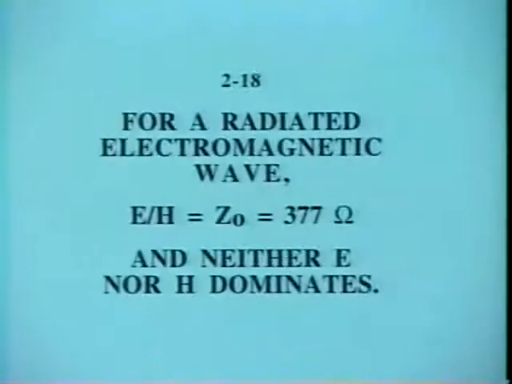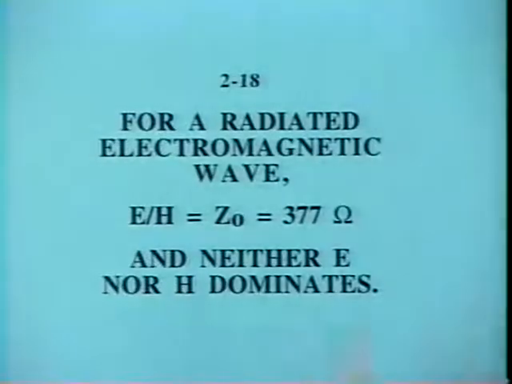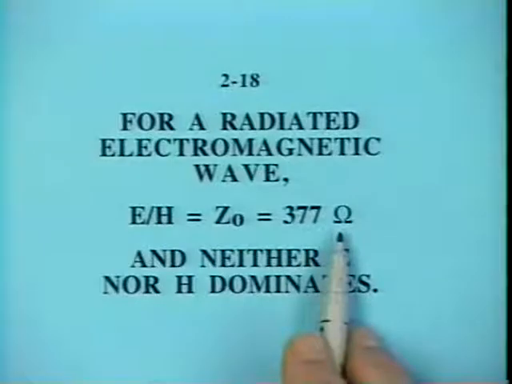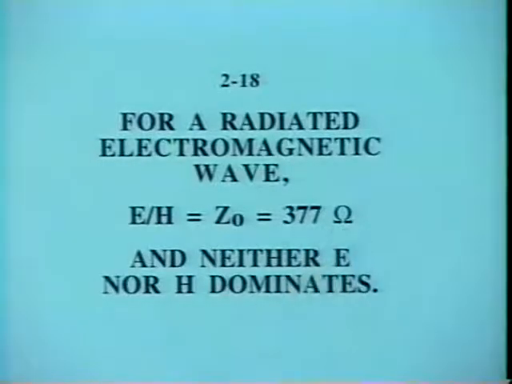Now, what value for the ohms number should we use as a dividing line between electric fields and magnetic fields? Well, I'm going to use 377 ohms. That happens to be the characteristic impedance for a plane wave propagating through empty space. And for a plane wave in empty space, neither the electric field nor the magnetic field dominates. Both electric and magnetic fields seem to be contributing in a similar way to the effects.